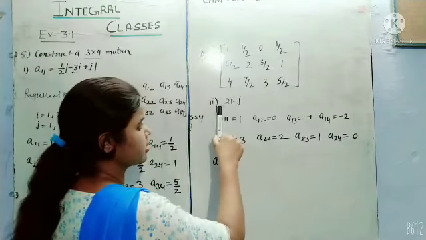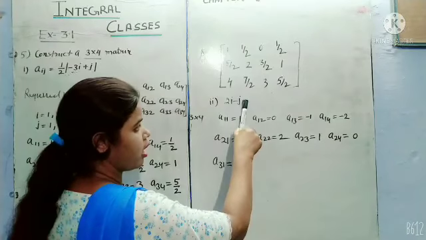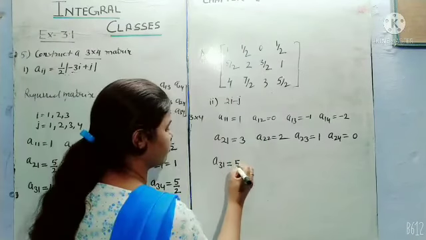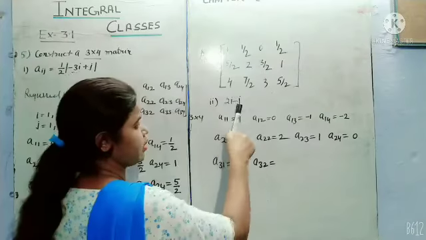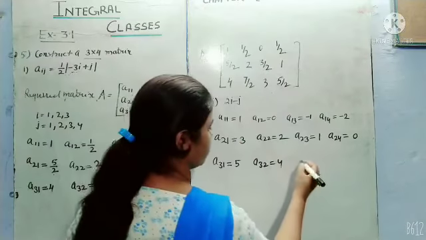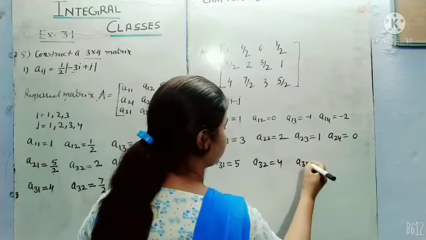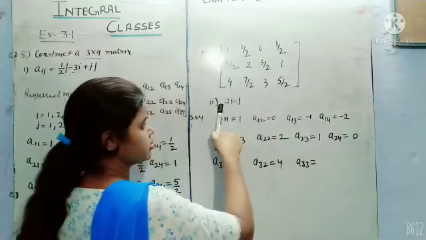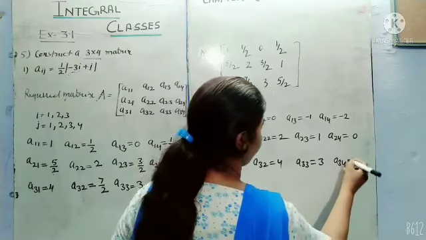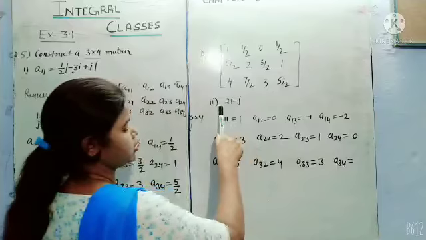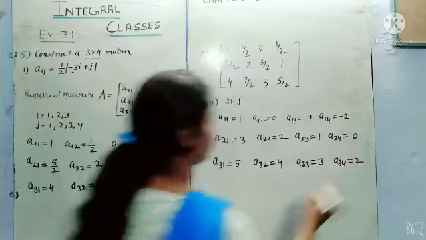3 twos are 6. 6 minus 1, 5. A32, 3 twos are 6 minus 2, 4. A33, 3 twos are 6 minus 3, 3. And the last element A34, 3 twos are 6 minus 4, 2.